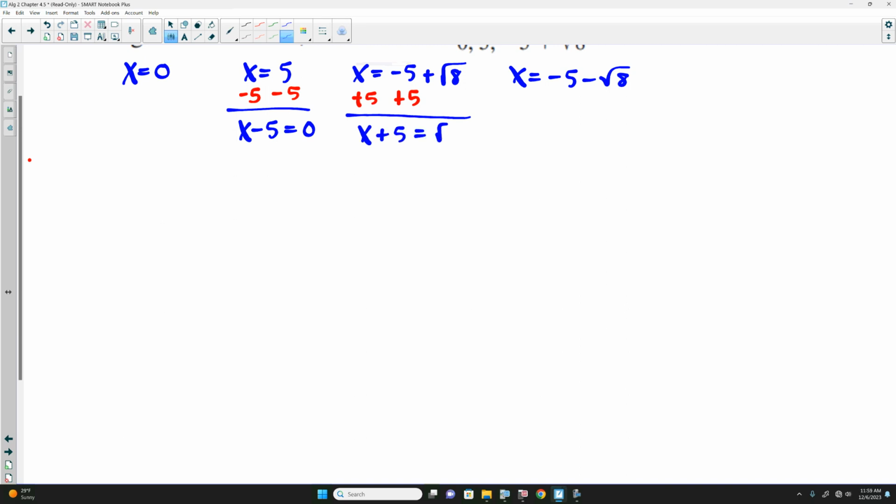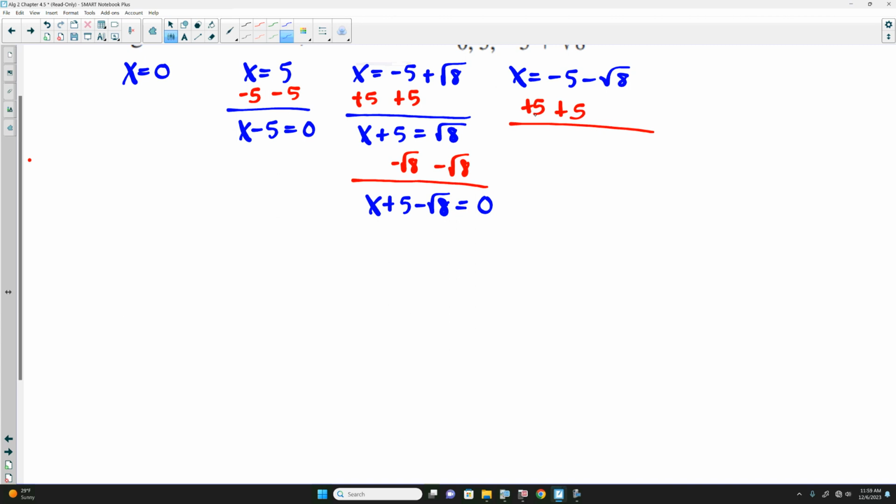Gives us x plus 5 is equal to the square root of 8. Then we can subtract square root of 8 from both sides, giving us x plus 5 minus square root of 8. Unfortunately, we can't subtract those two because of the radical, because the actual answer for that is, I think, almost 2.8, 2.9, non-repeating, non-terminating decimal.